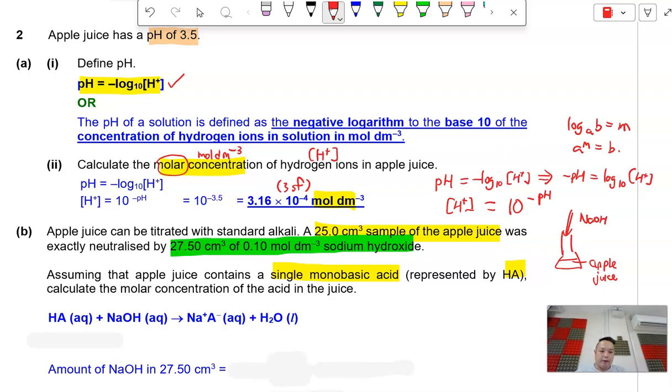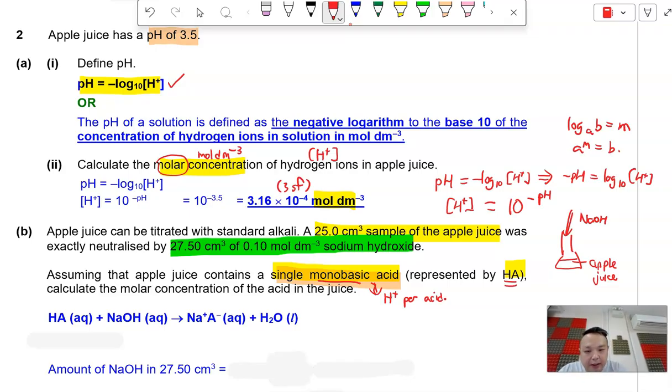The question provided some context in terms of apple juice containing a single monobasic acid. Now, what does single monobasic acid mean? This word monobasic means that this acid contributes only 1 H+ per acid, 1 proton per acid.